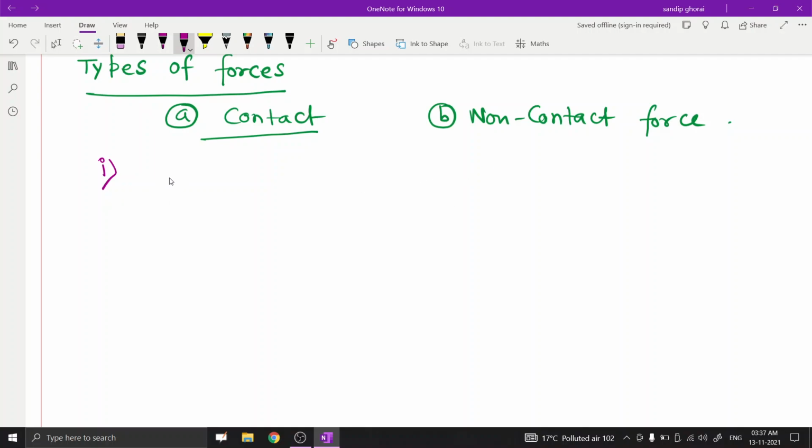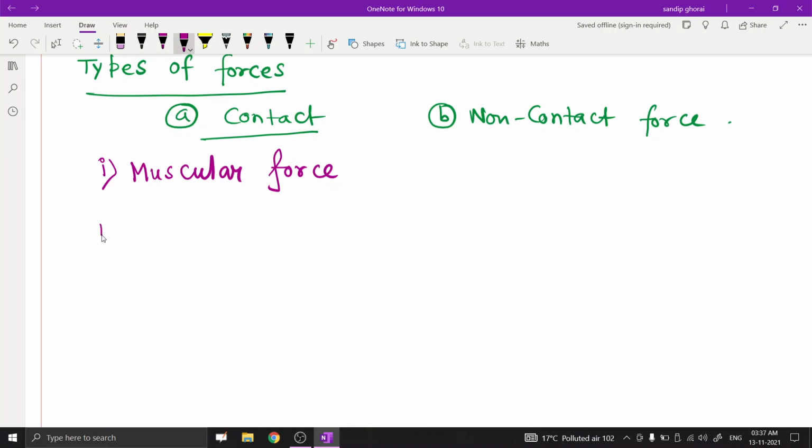So at first we take contact force, that is muscular force. In general, we use muscular force to do some work, like a player kicking a ball or a person lifting a suitcase. These are examples of muscular force.